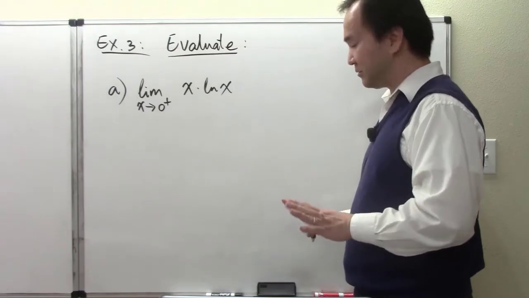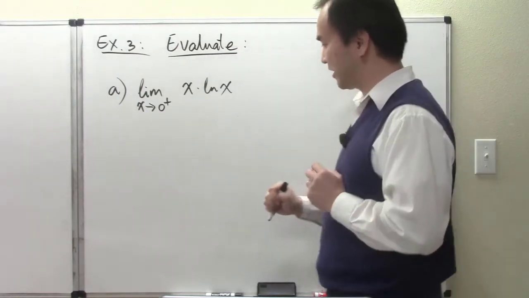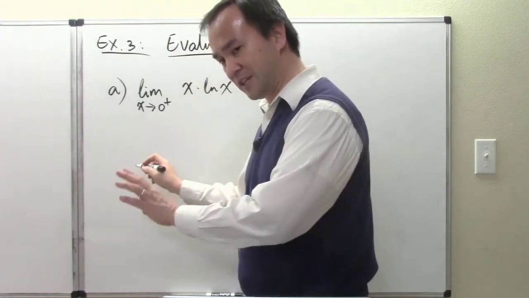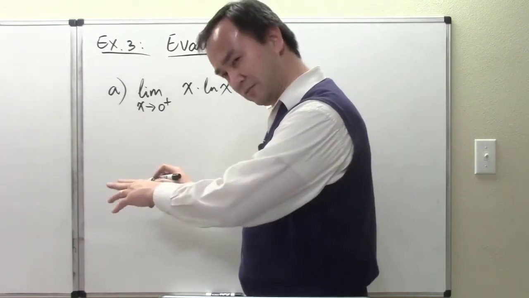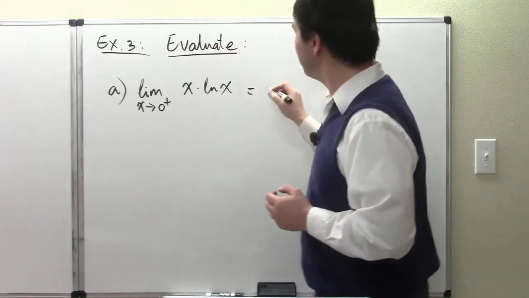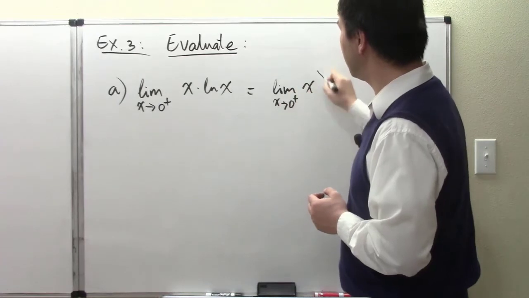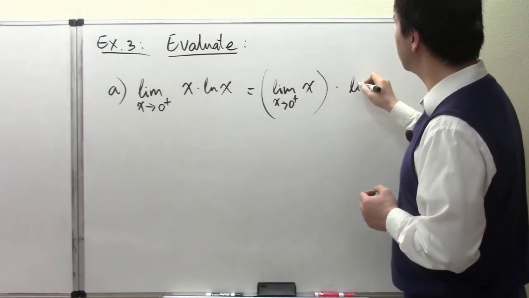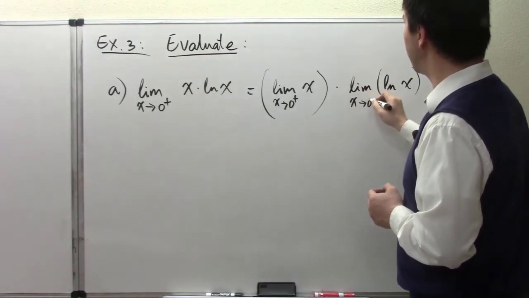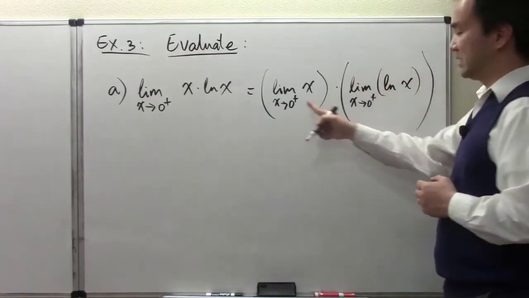A quick little analyzing look into this function. What I see now is the rule for taking the limit of a product. The limit of a product rule says that we can take the limit of x as x approaches 0, and take the product with the limit of natural log of x as x approaches 0 again, and we can have these 2 separate limits multiplied together.